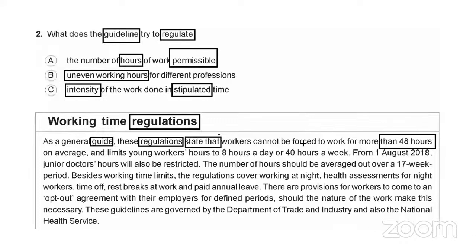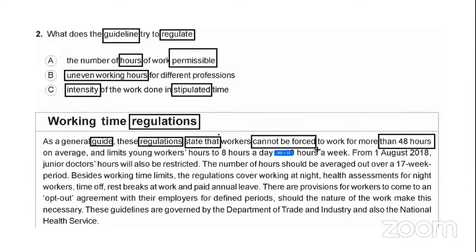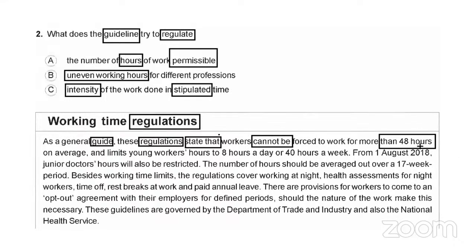Workers cannot be forced to work more than 48 hours. That means maximum 48 hours. So how many hours? Maximum 48.